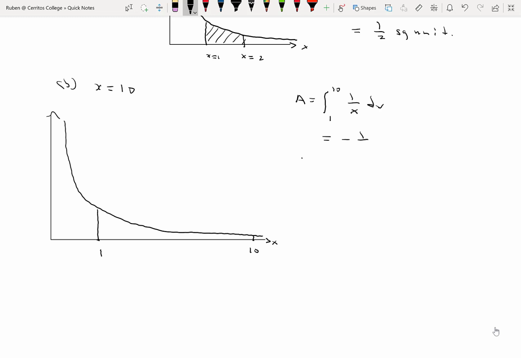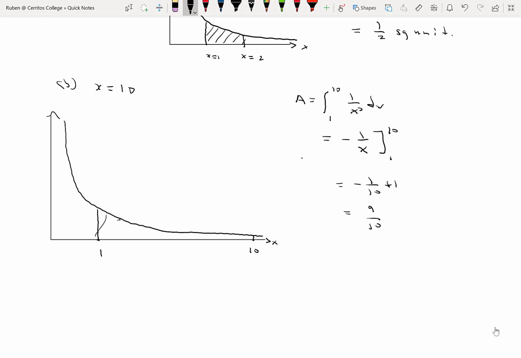The antiderivative doesn't change because we changed our limits of integration. The antiderivative is negative 1 over x from 1 to 10. This becomes negative 1/10 plus 1, or 9/10 of a square unit.